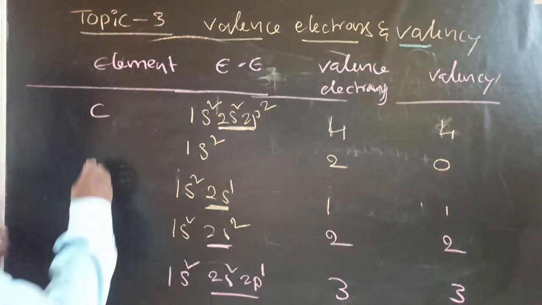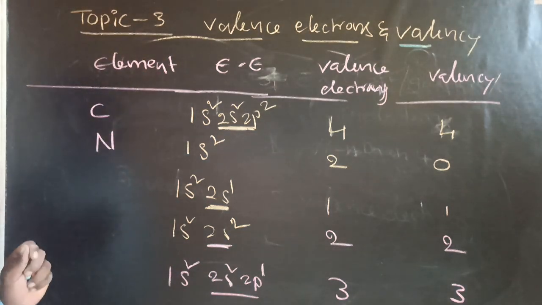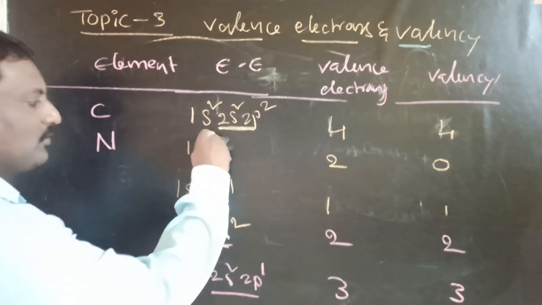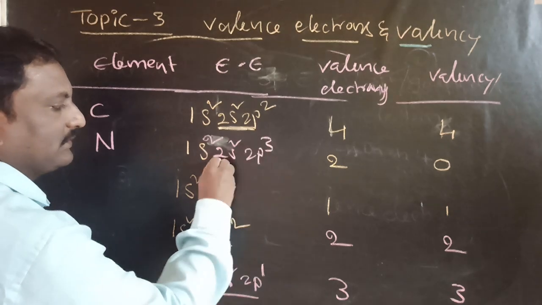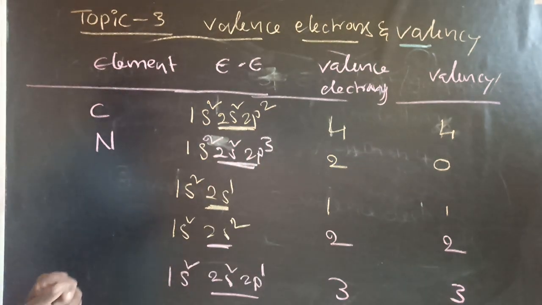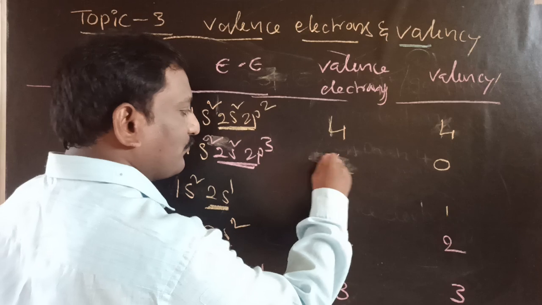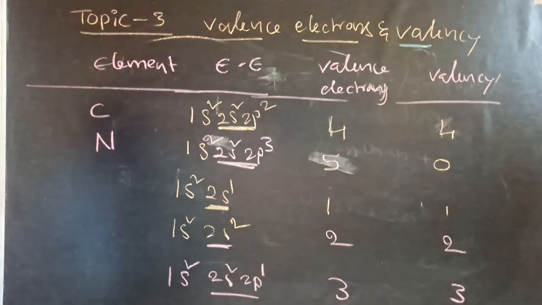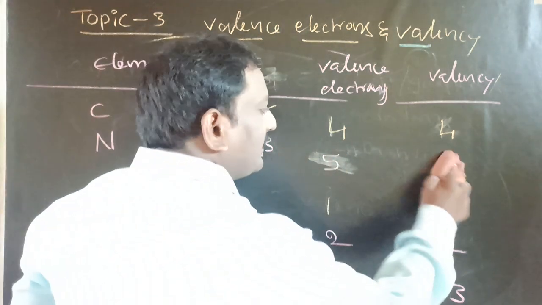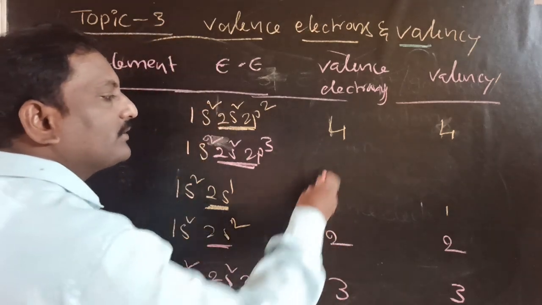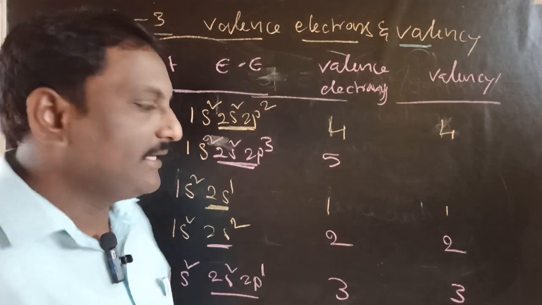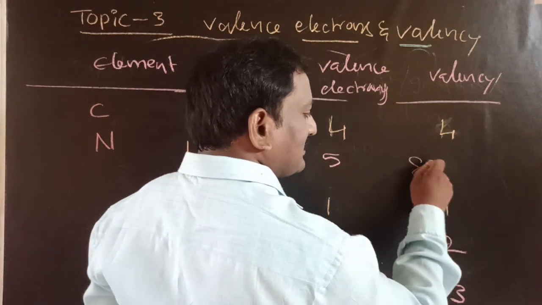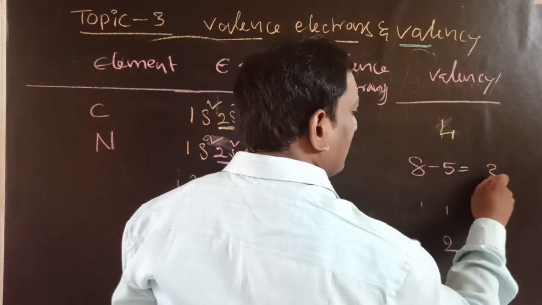After that, nitrogen, atomic number 7, electronic configuration 1s2, 2s2, 2p3. The second shell will be the valence shell, valency electrons 5. In case the element has valence electrons more than 4, we need to use the second formula, that is 8 minus valency electrons. The valence will be 3.